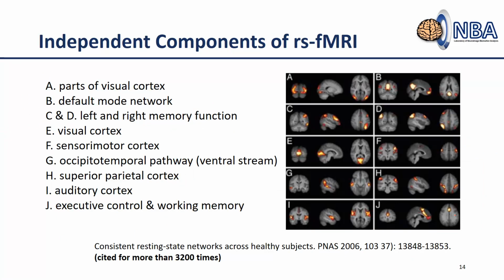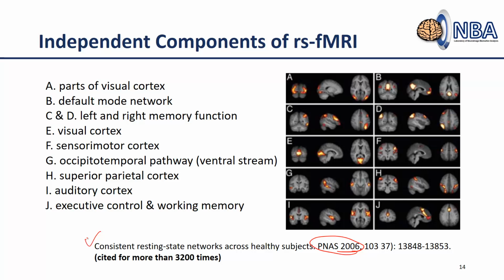Based on one of the papers, this is actually a paper from PNAS. I think this is a very important journal, where you can publish only if you get a recommendation from some famous scholars from the US. In 2006, they published a paper called "Consistent Resting-State Networks Across Healthy Subjects."